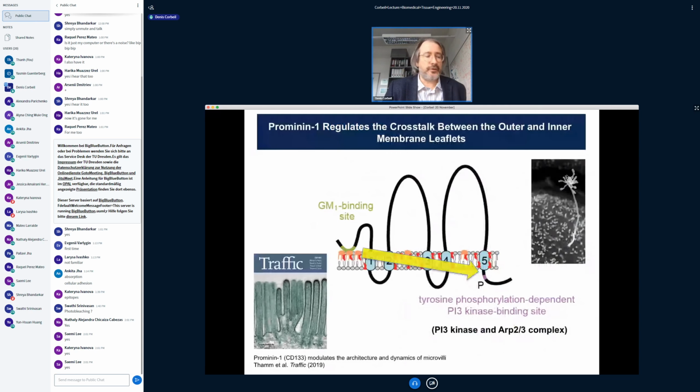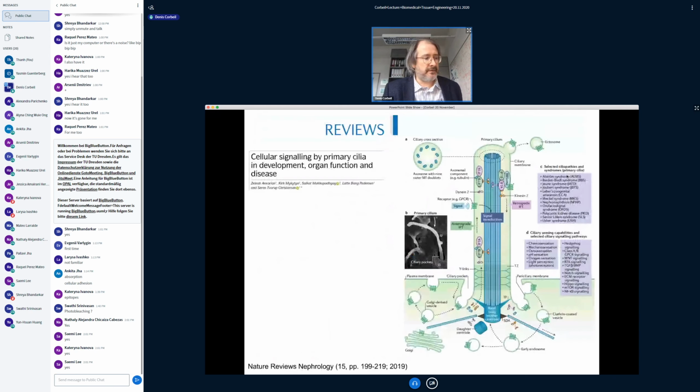So what do people know about the primary cilium? I was asking this question in the beginning. That's why it's quite important to know what is going on there, because it's a center of signaling in the cell. As you can see here, you have many pathways which are directly linked to the primary cilium, like sonic hedgehog, the Wnt pathway, which probably many people have heard about before, or the Notch signaling pathway.